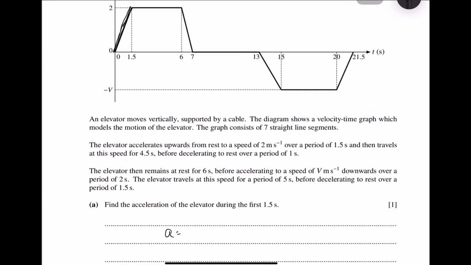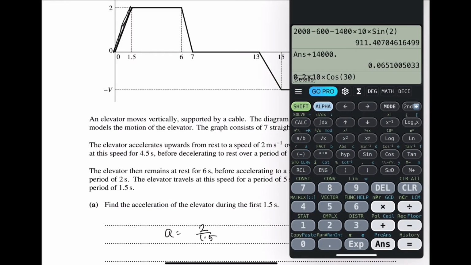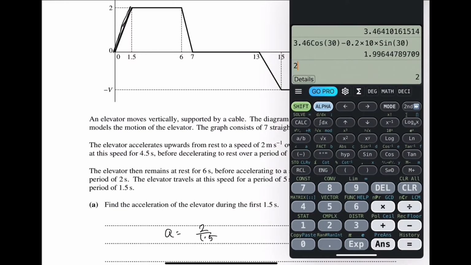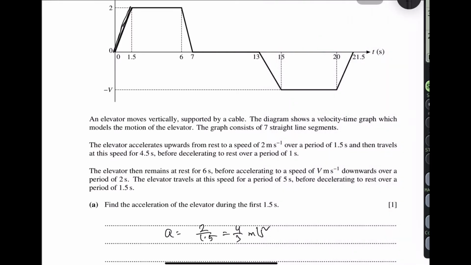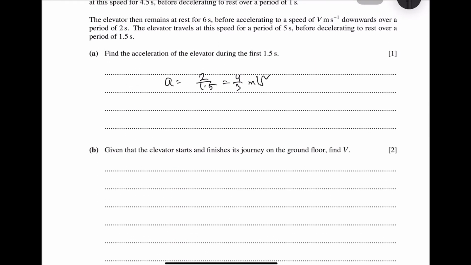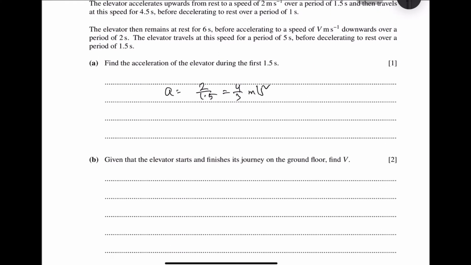Acceleration is 2 by 1.5, 2 divided by 1.5, 1.33 or 4 by 3 meters per second squared. Now in the second question, given that the elevator starts and finishes its journey on the ground floor, find V.